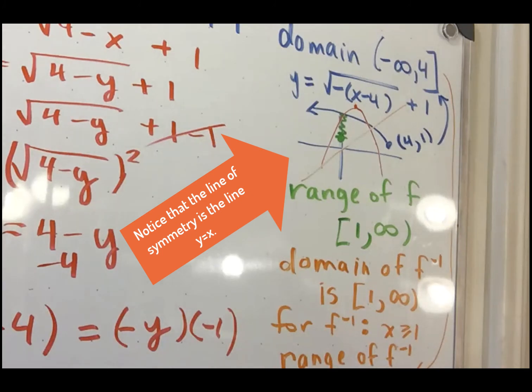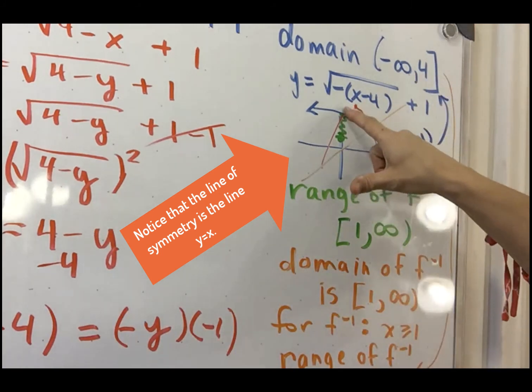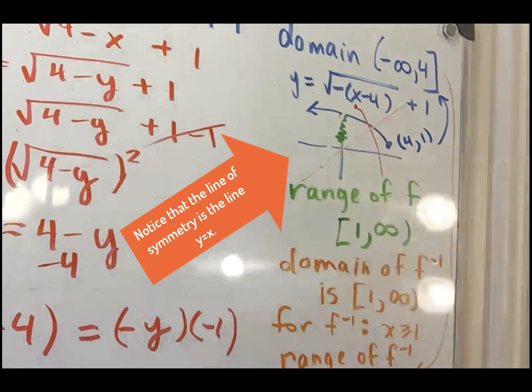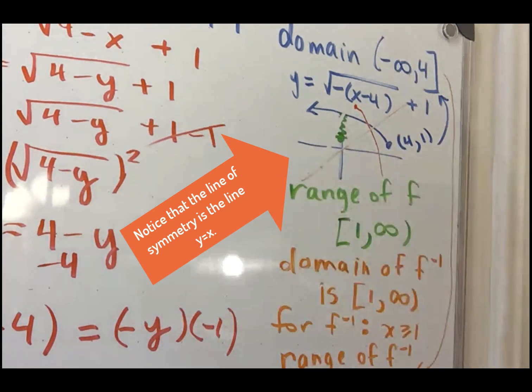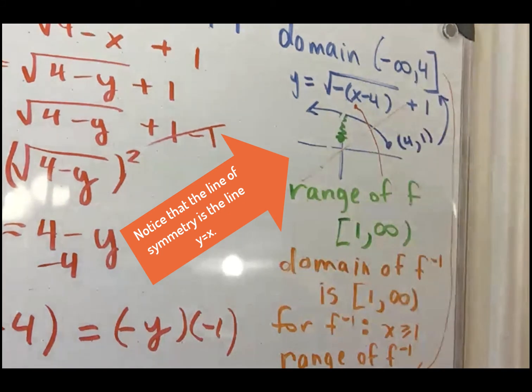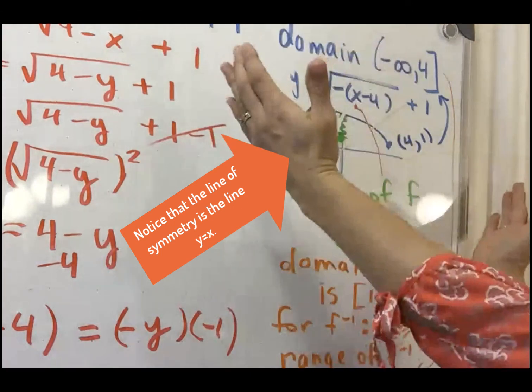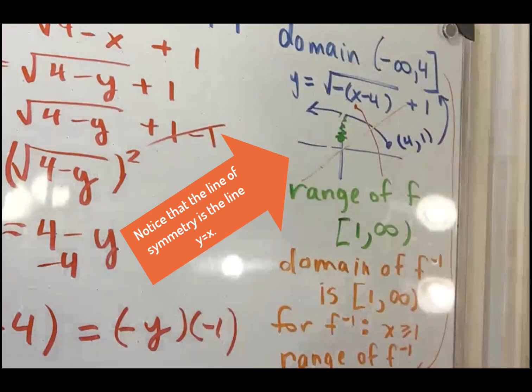And so I think that you can see that if I take away the left-hand piece of the parabola, the part smaller than 1, they now look like they're mirror images of one another across the orange line. So that's something you've been thinking about, making sure that they really are mirror images of one another. So that means you're folding the paper on the orange line, and they should match up.